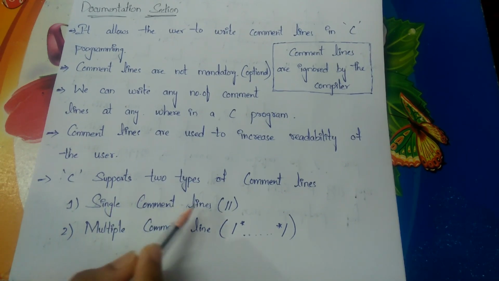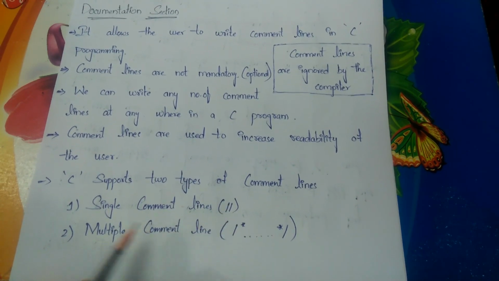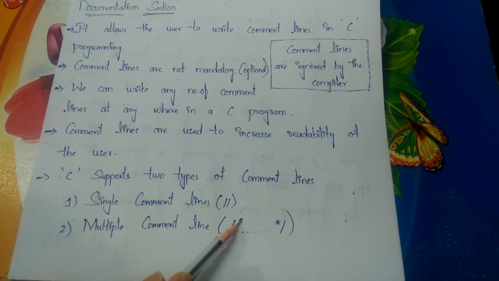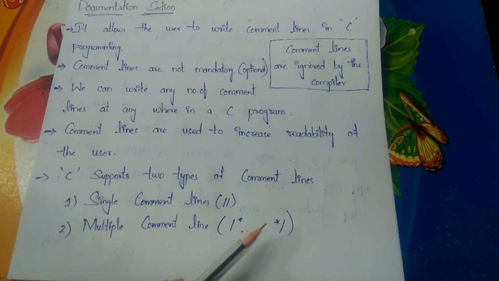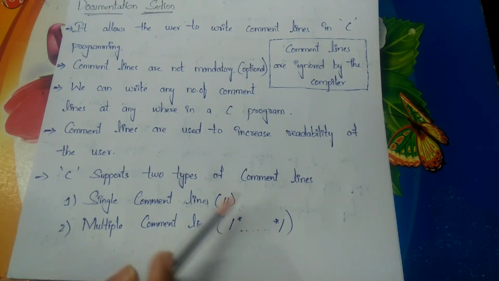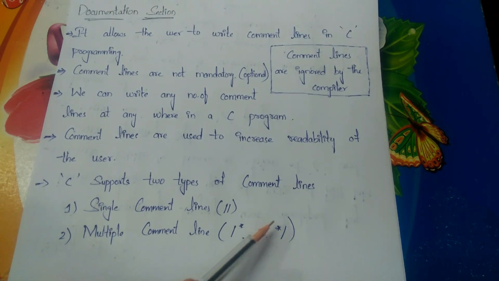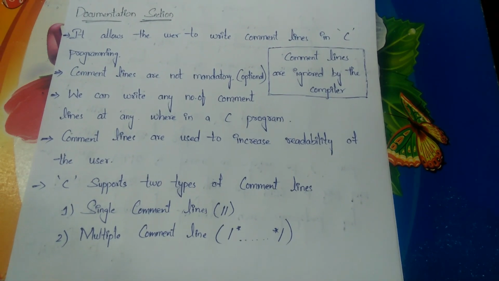In a single comment line we use two forward slashes, and in a multiple comment line we use a forward slash with asterisk, and in between these we write the statement. These comment lines are ignored by the compiler.